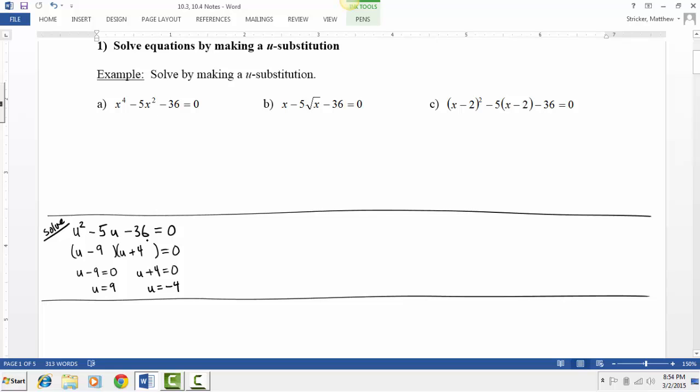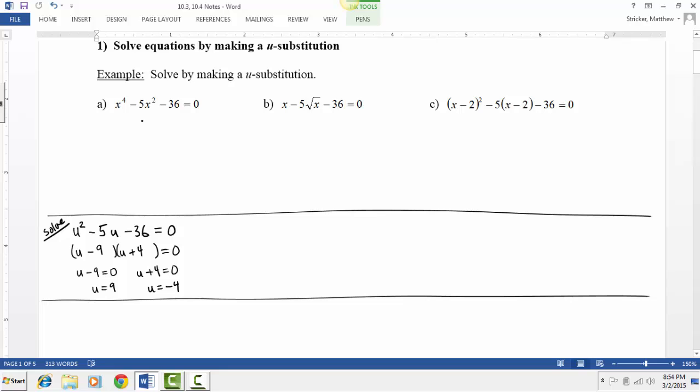Notice that all three equations are equal to 0. Notice they all have a c term of minus 36. The second term, they all have minus 5 as the coefficient, or the number in front of the variable part. And then the coefficient on the first term is 1 for all of them.